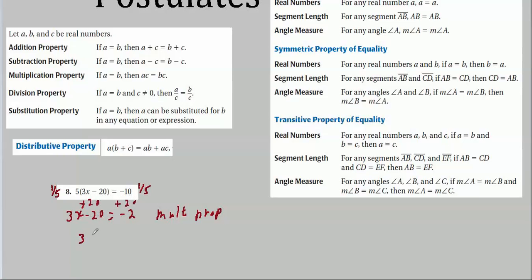That would give us 3x equals 18. And that was the addition property, which allowed us to do that. Next, we multiply by 1/3 on each side and get that x equals 6 through the multiplication property.